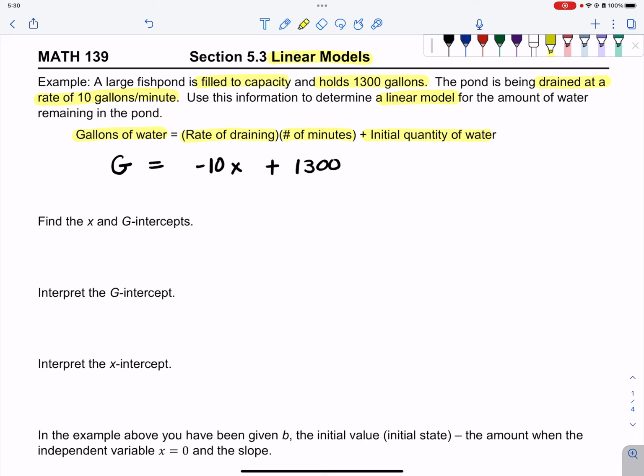Now, the next step, I want to find our x and g intercepts. This is what we had done at the end of 5.2. I'm going to start off by finding the g-intercept. To do that, all I need to do in my equation is let the other variable be 0. So we're going to replace x in our equation with 0.